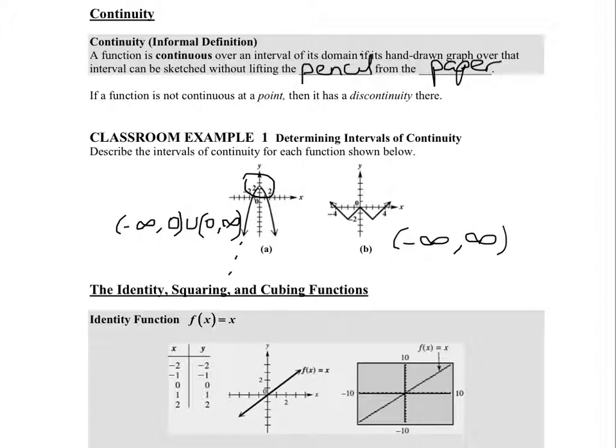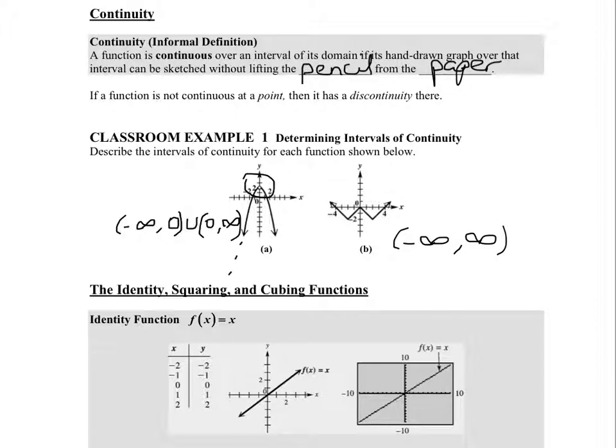So very similar to when we gave intervals that were increasing, decreasing, and constant, when we're giving intervals of continuity, we also will have to make sure we're only using x values, because we're answering the interval question using the domain values, using the x values.